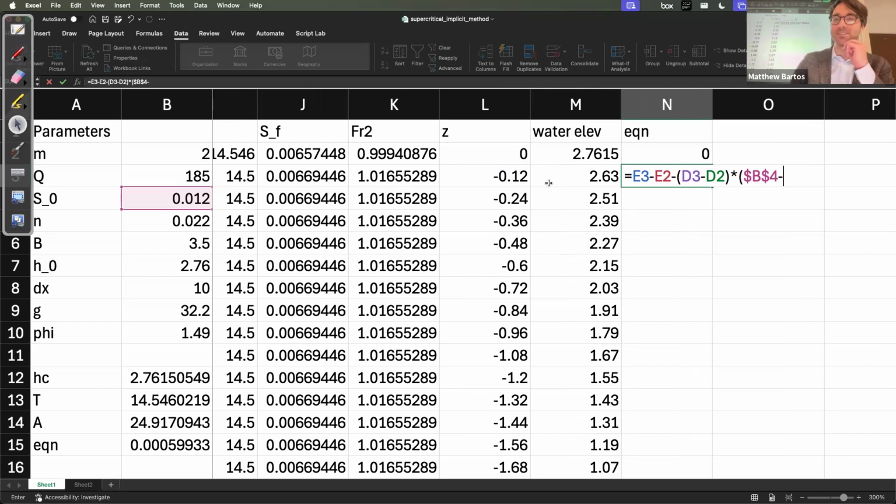What cell will we want to use here? J, which J? J3. Remember, we're evaluating it at the current depth. So this is going to be J on the same row. And then we're going to divide by 1 minus the Froude number squared. So that's going to be K2. Oh, sorry, K3.